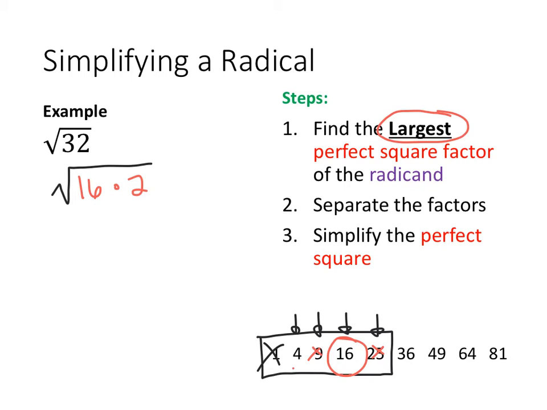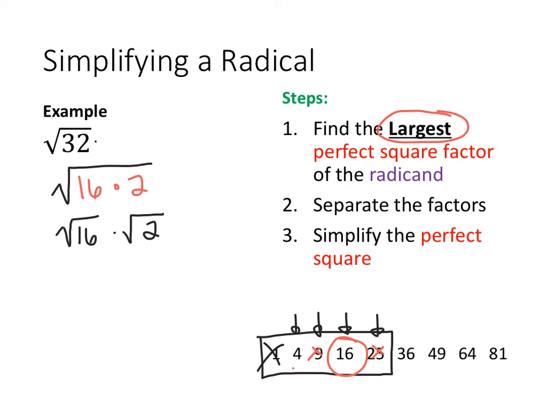Now what I can do is separate these into their own square roots: the square root of 16 and the square root of 2. The whole idea is that we can separate those perfect squares from the regular factors, so we can give them their own square root. So the square root of 32 factors to 16 times 2, which then separates to the square root of 16 times the square root of 2.